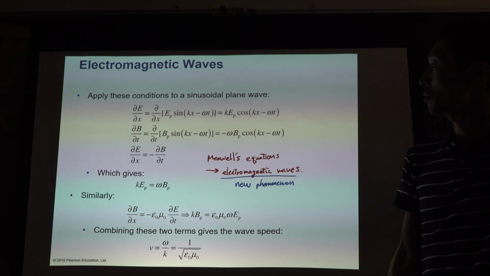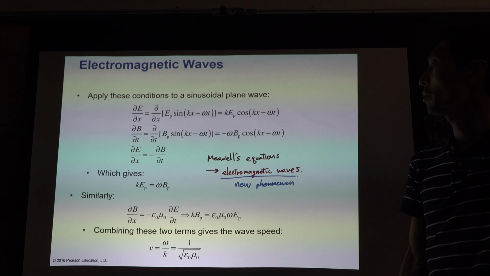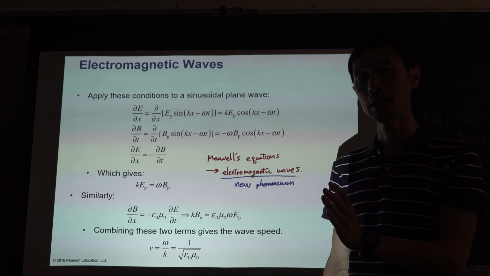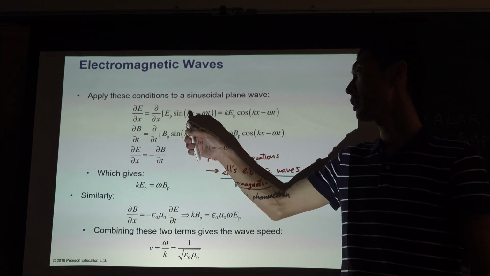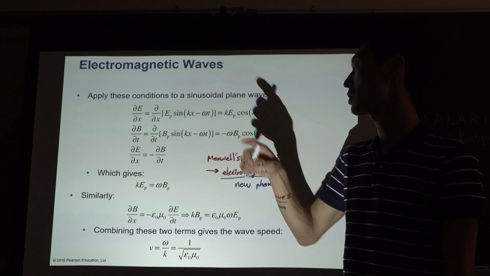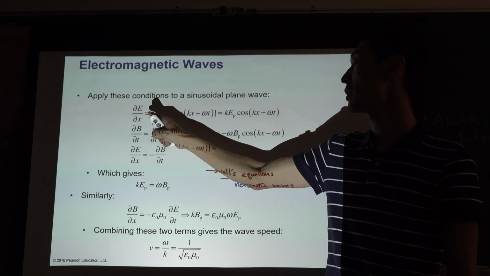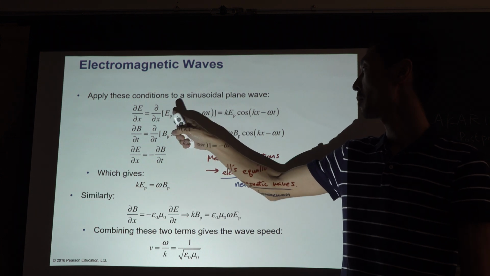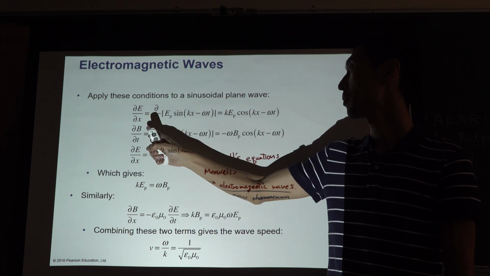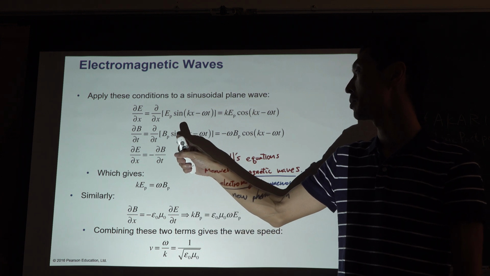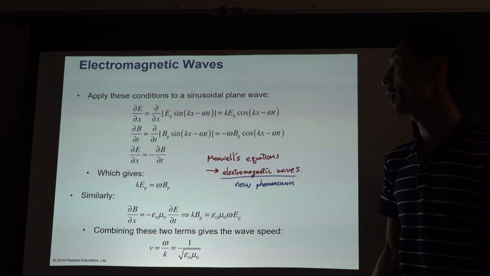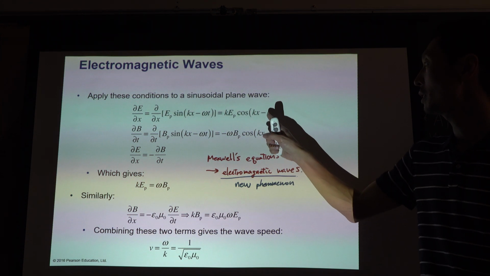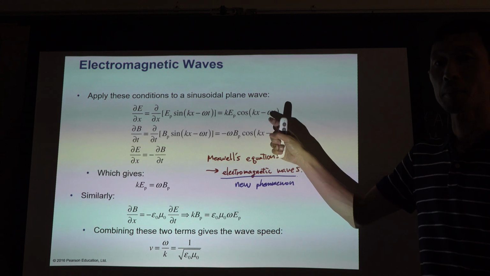And then I apply these conditions to sinusoidal plane waves. The actual form of E and B in this case is sine, right? So let's put sine in. The derivative of E with respect to x, the derivative of sine, is cosine. For B, the derivative of sine is also cosine. If you look at these two, the cosine part is the same.